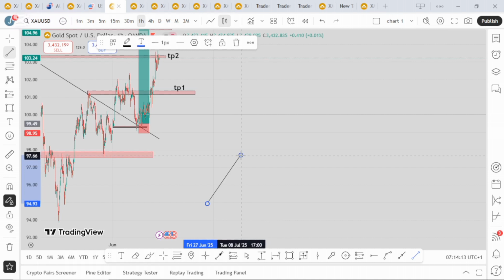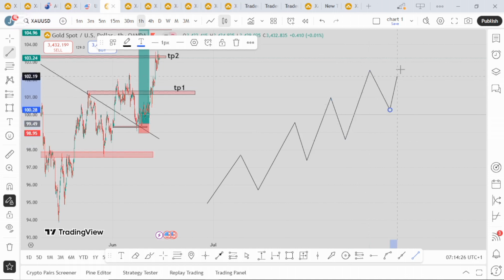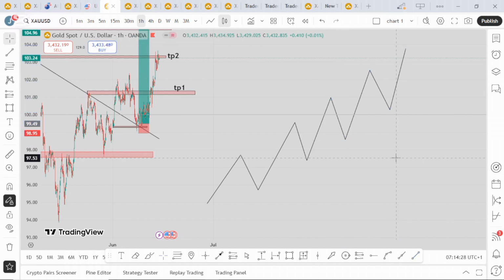When we say bullish market structure, it is when you see your candles making higher high, higher low, higher high, higher low, higher high again. This is what we call bullish market structure, or uptrend. That's when you see price going up.